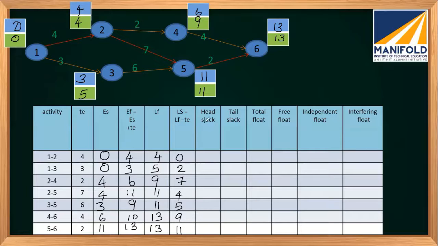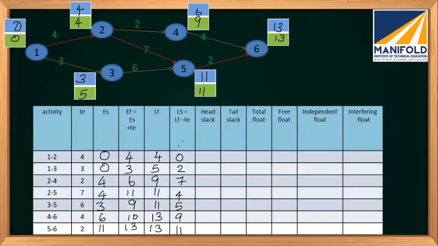Now we know what the head event slack is, right? Suppose for this 1, 2 node, the head event is 2, and the slack means this 4 minus 4. For this activity 2, 4, the head event will be 4, and the difference in the head event means the latest time and the earliest time. So that will be 9 minus 6, which will be 3. Like that we can fill it.